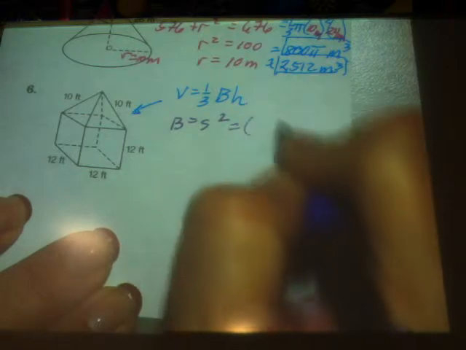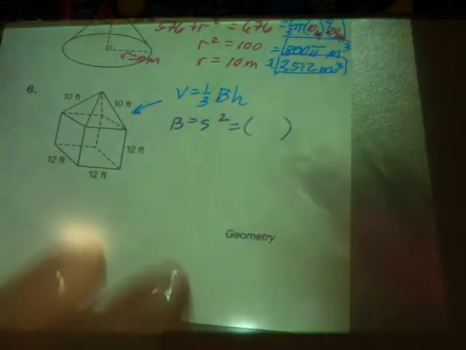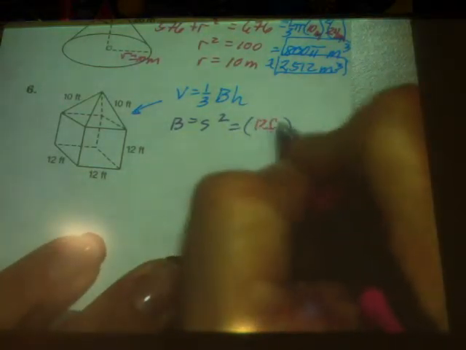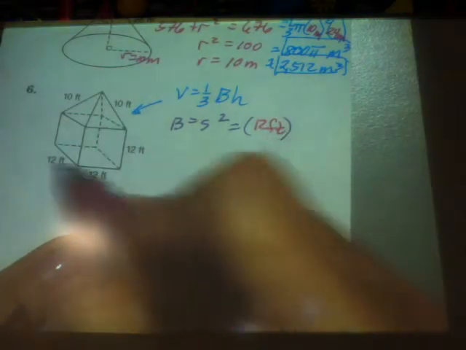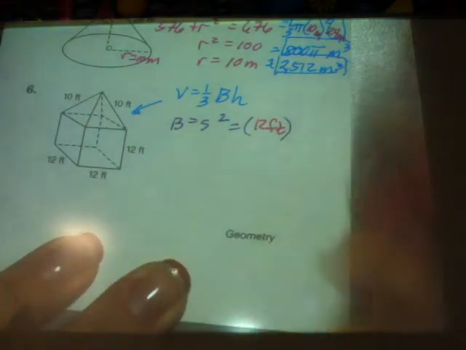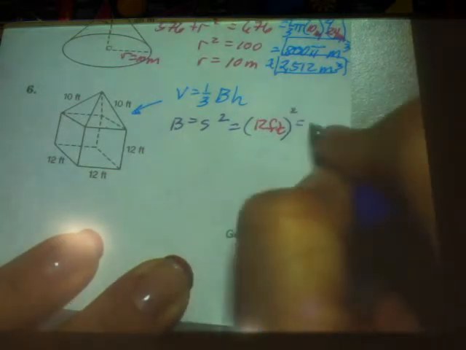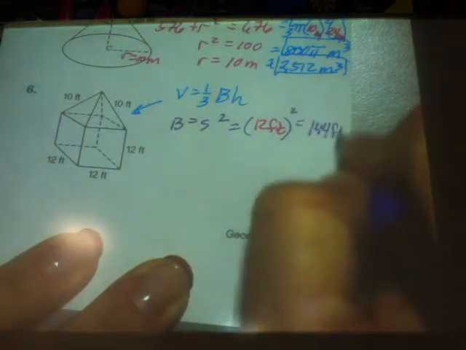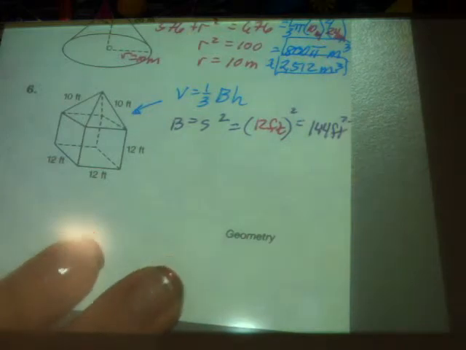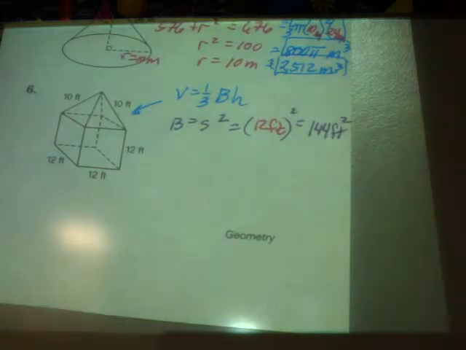And my side lengths are 12 feet because that's 12 feet and that's 12 feet. And then I'm going to square that. So I get 144 feet squared. So there's big B. But we need to find the height.